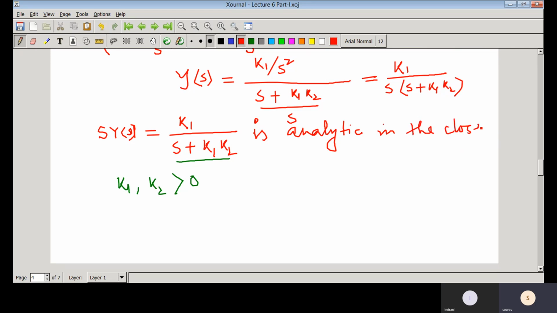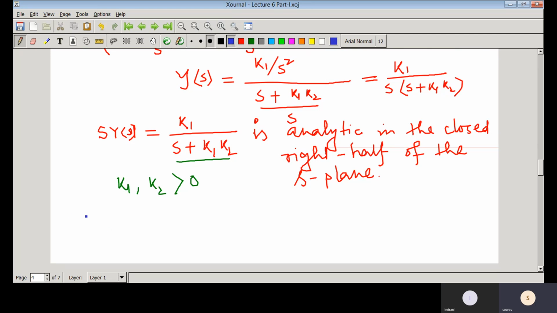Closed means it includes also the imaginary axis. So that means we can apply the final value theorem.